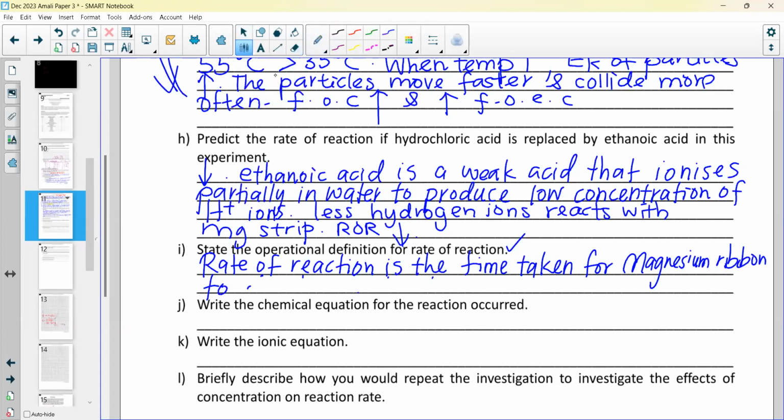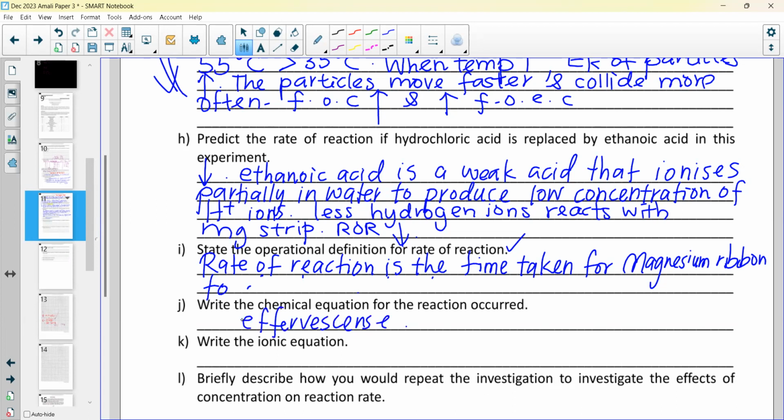Rate of reactions is the time taken for effervescence to stop when magnesium is dissolved in hydrochloric acid. Effervescence means the bubbles. This is the spelling. You don't know how to spell that?